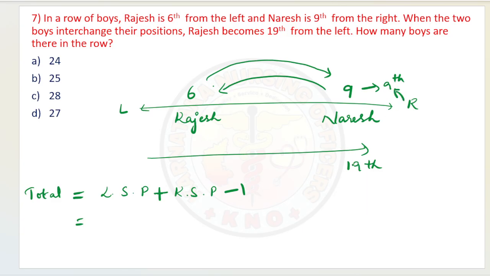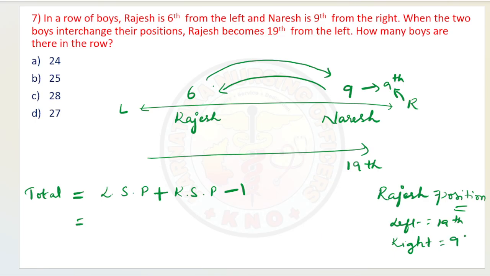From the left, Rajesh's position becomes 19th. So after interchanging, in the left it is 19th, and in the right it is 9th only, because Naresh is replaced by Rajesh.